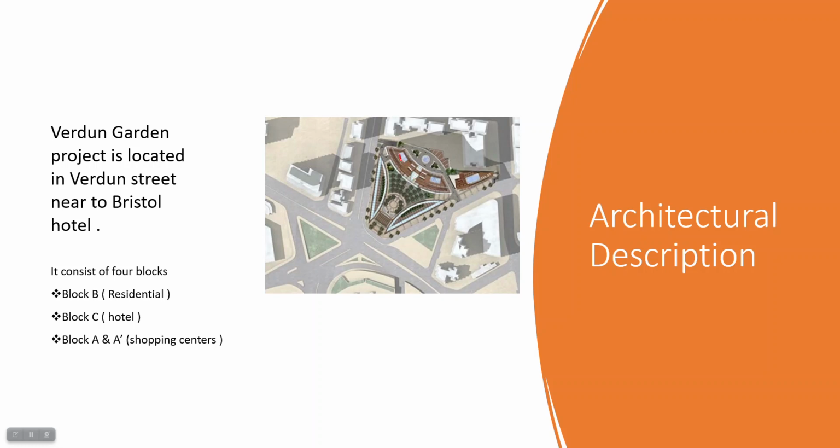We have a block B and a block C. These two are reinforced concrete buildings, and these two, A and A prime, are shopping centers, which are mainly designed and executed as a steel structure system.